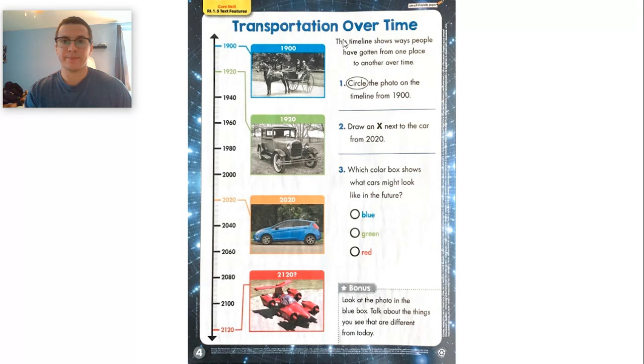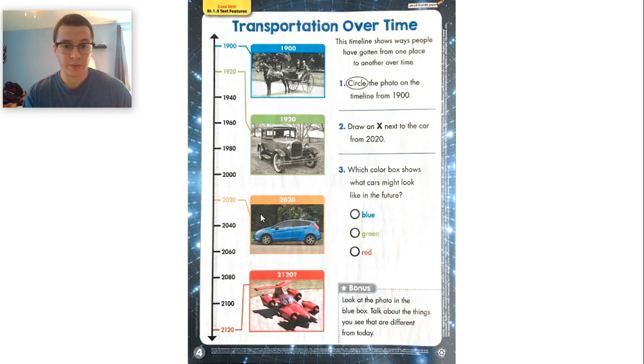Transportation over time. This timeline shows ways people have gotten from one place to another over time. So in 1900, we have a horse, and this is called a buggy. So it's got a horse and buggy. Then we've got one of the first ever cars in 1920.